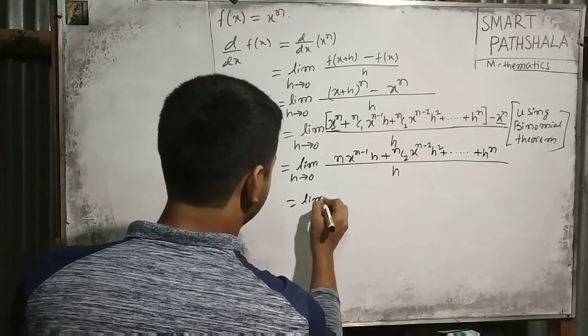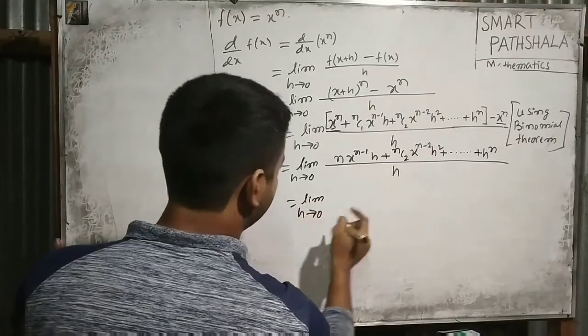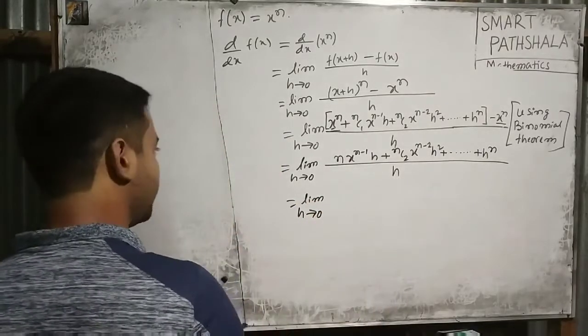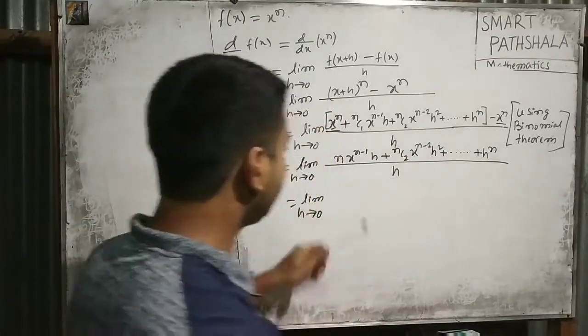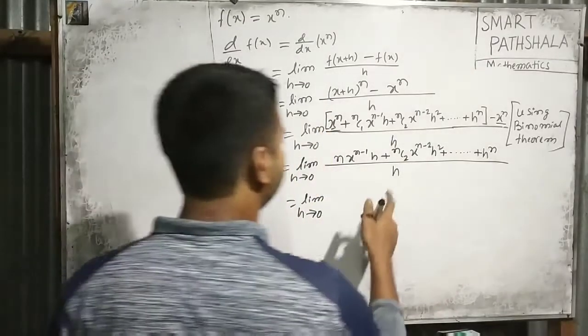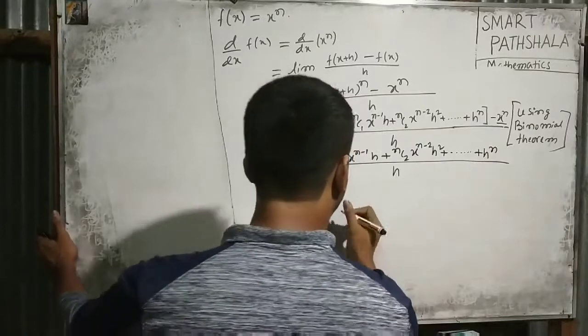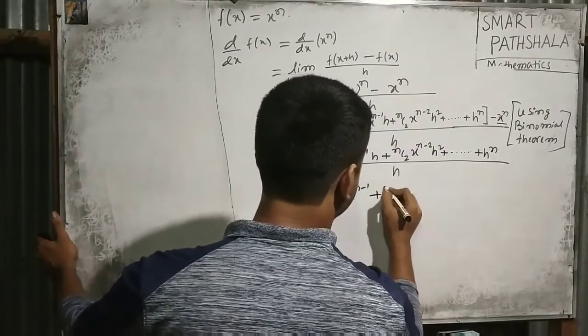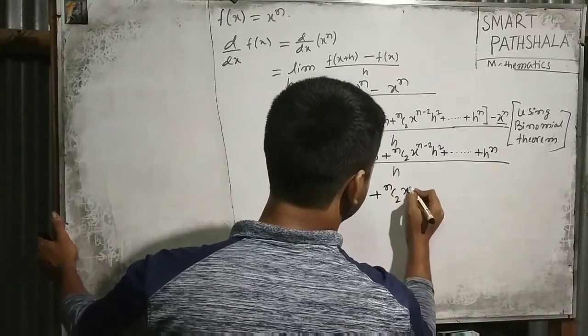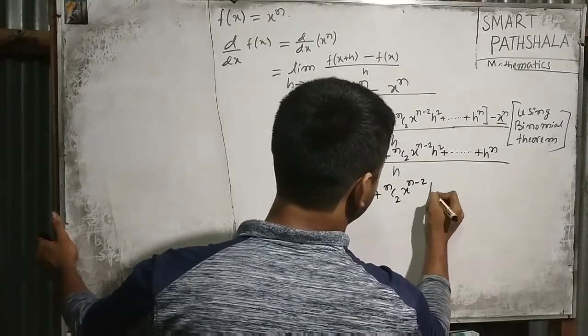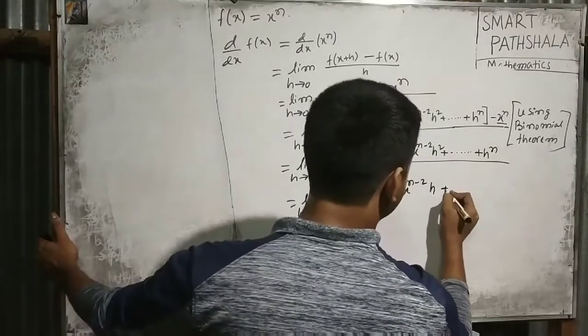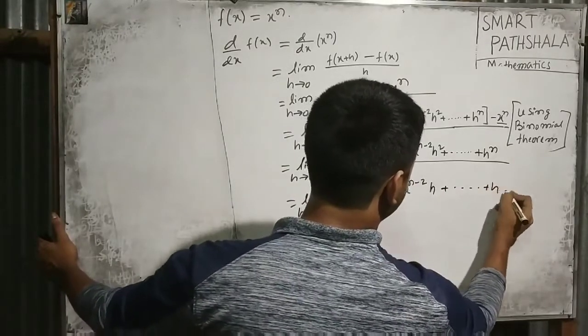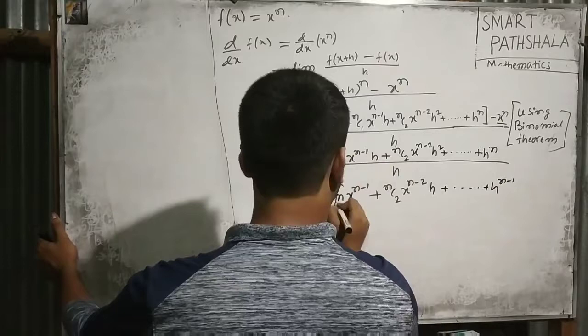Now, if I further simplify it, h will divide this whole term, and this will give us n x to the power n minus 1 plus nC2 x to the power n minus 2 into h plus and so on up to h to the power n minus 1.